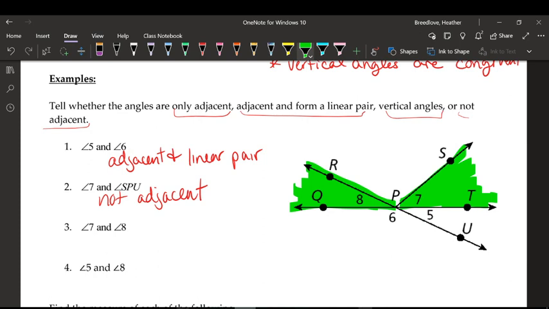No. Because it's not an X. If that's the line right here, that's not an X. This would be an X. 5 and 8, those would make an X, not 7. So if you could shift it down to the right, then it could be the bow tie shape. Right now it's kind of squished. All right, so that is also not adjacent.